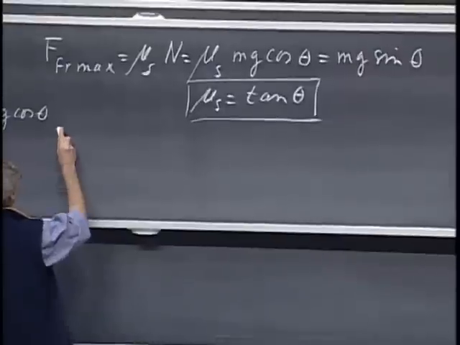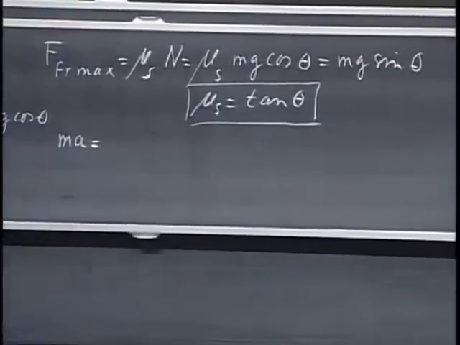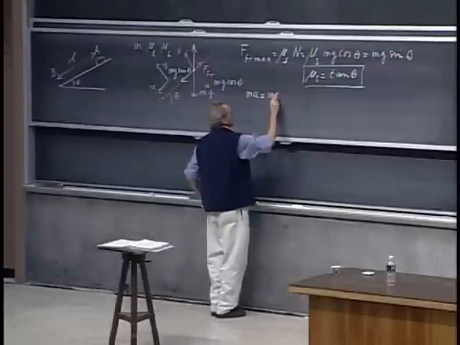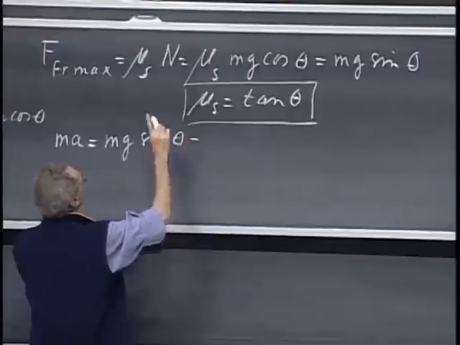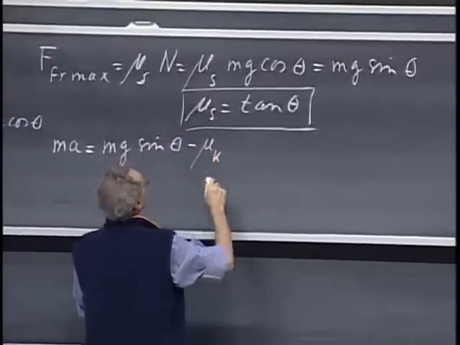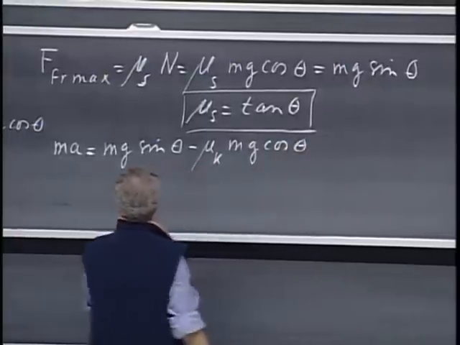And so I can write down now Newton's second law, ma, the net force in the positive x direction, would be equal to mg times the sine of theta minus the frictional force, but now this becomes mu k mg cosine theta.